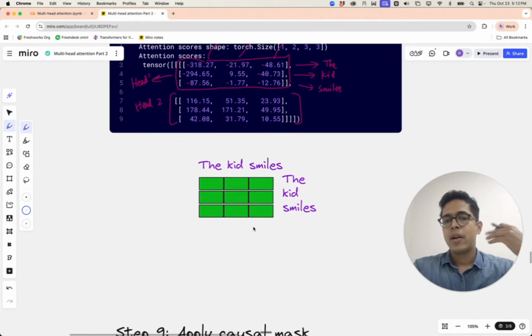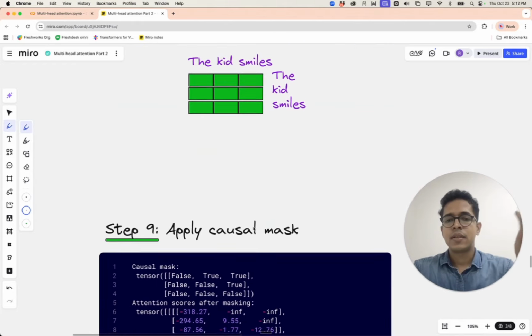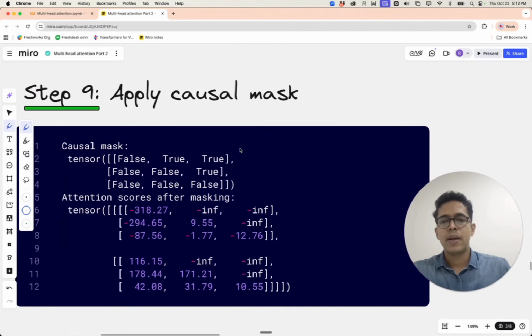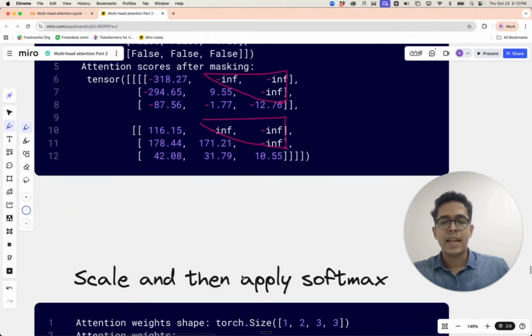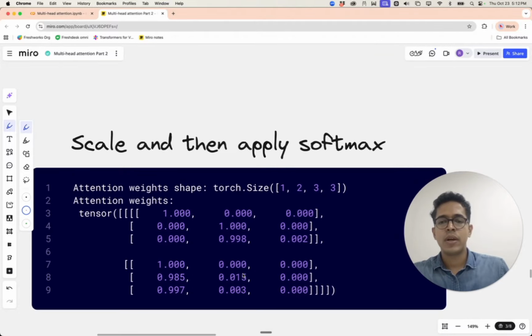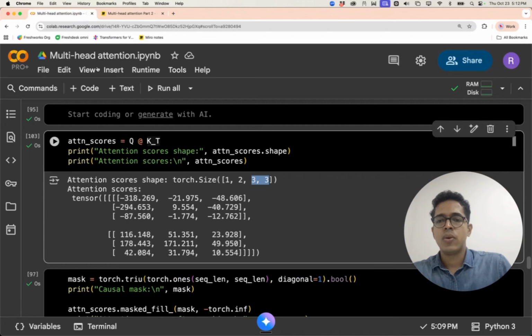Now we need to calculate attention weights. So what we first do is we apply the causal mask. So upper triangle elements will be negative infinity for both attention heads. So these both are at negative infinity. Then we do scaling. So scaling is 1 by square root of d. So I have written the code here.